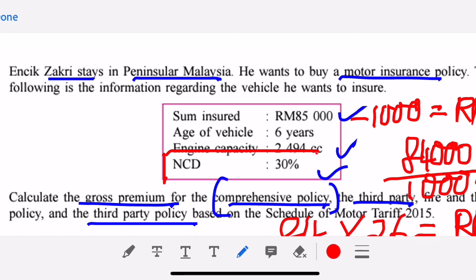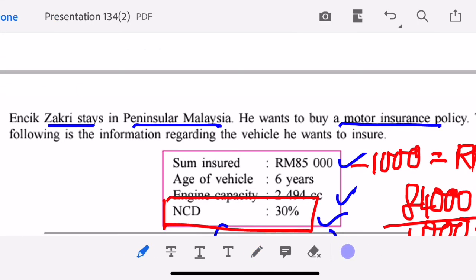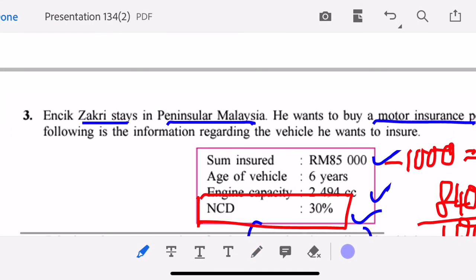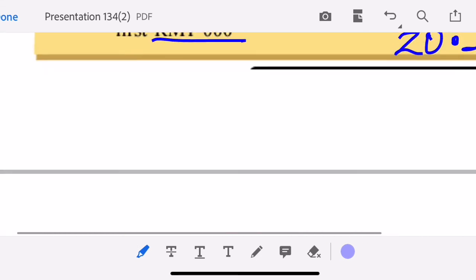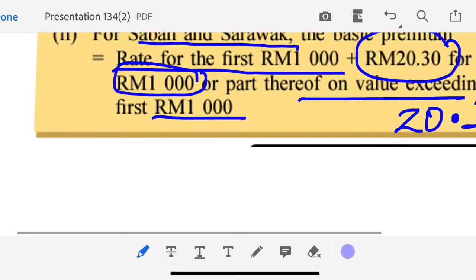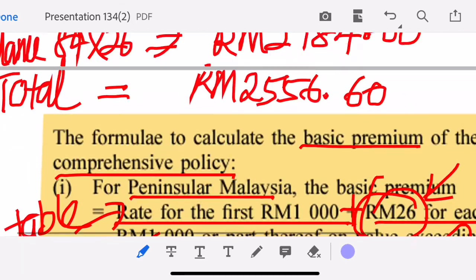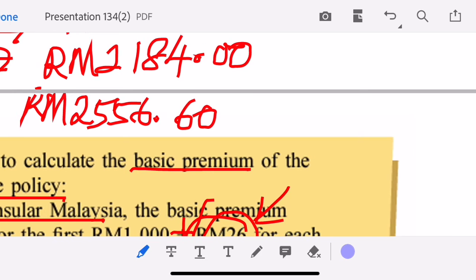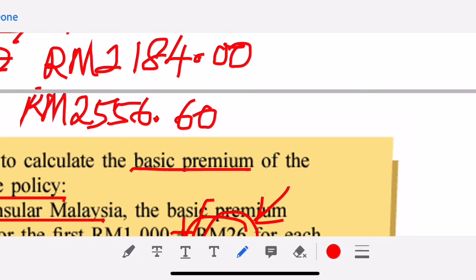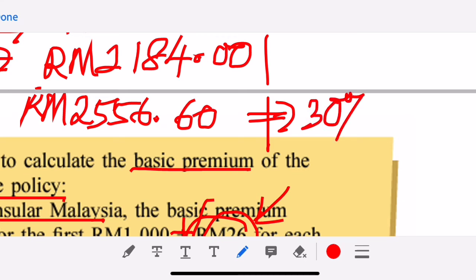Because Encik Bakri is a good driver, there's no claim made against the policy. So 30% is out of the total gross premium. So this is the gross premium. So the NCD will be based on the gross premium.